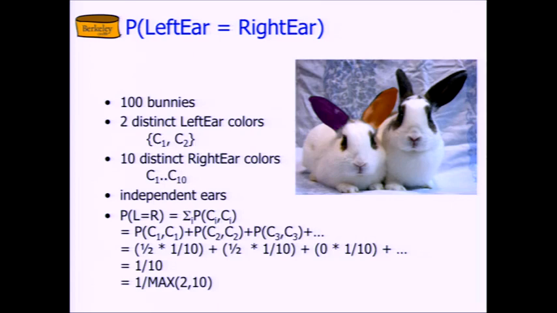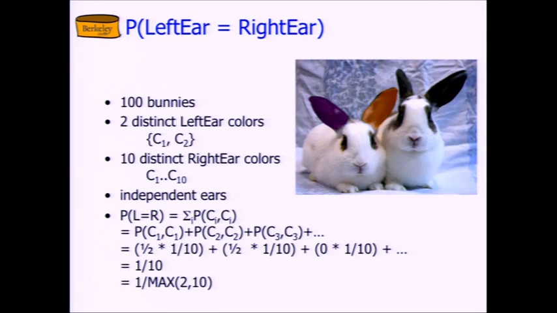So the first clause, P of C1, C1, is a half of the left ears times a tenth of the right ears. Second one, 50% probability that the left ear is C2, and a tenth probability that it's C2 on the right ear. And the rest of them, those colors don't appear on the left ear, so they're 0. Add this all up, it's 1/10, not 1/2.